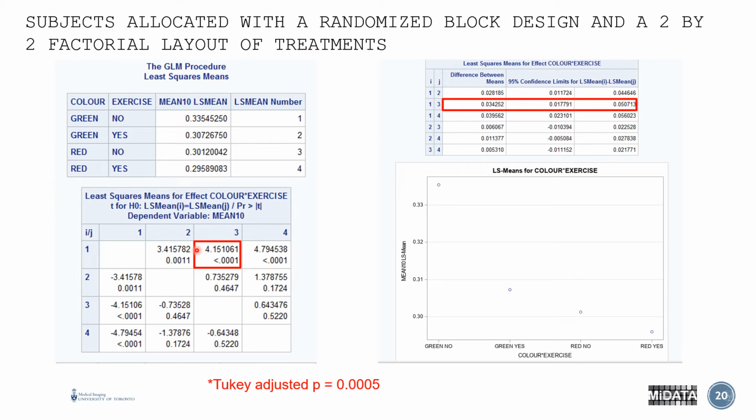Once again, of course, it's significant. No surprise, because we already saw this with the same block design, but with a one-way layout. And then here's your confidence limit, which of course does not include 0 because it is significant. This is a nice visual representation of your interaction. And when we adjust for Tukey, we get the same p-value of 0.005 as we did before in the one-way layout.